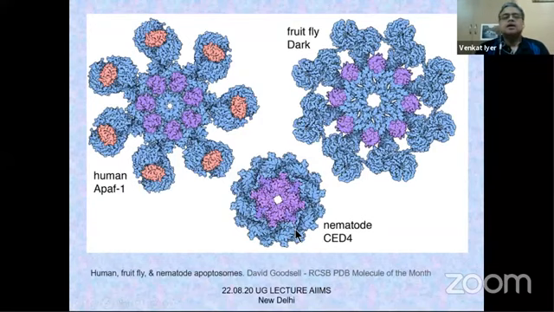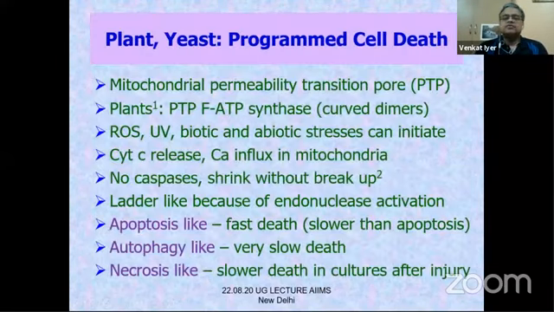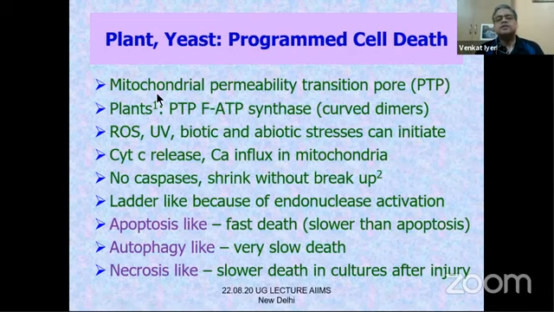And as we started understanding cell death further and further, we initially having thought that plants and yeast cells do not have apoptosis, that they had evolved other methods of multicellularity, realized that there is some amount of programmed cell death, especially this mitochondrial permeability transition pore.